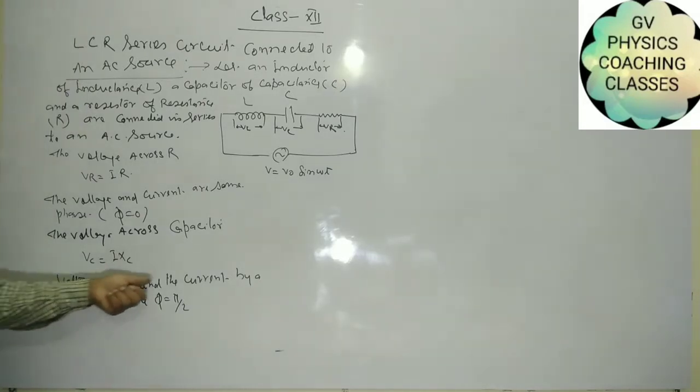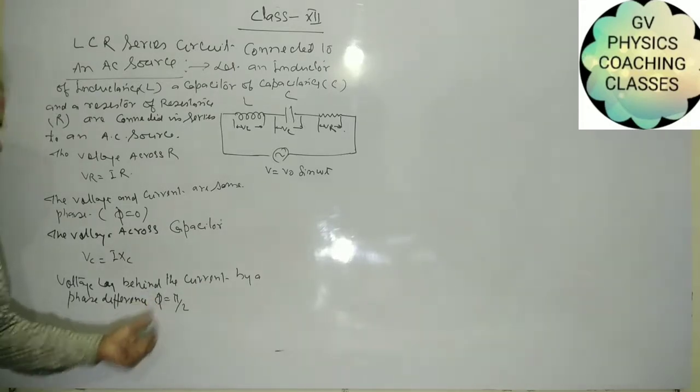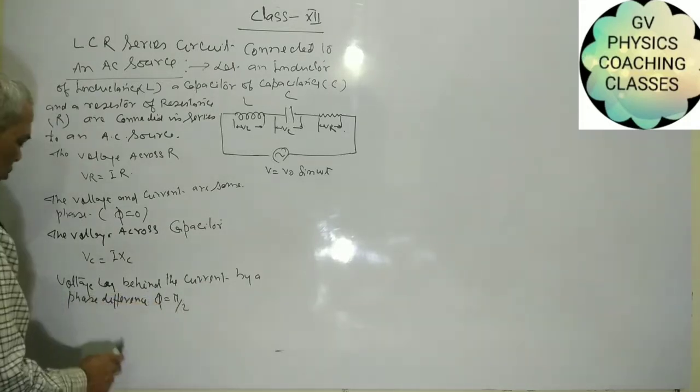Voltage lags behind the current. It means current leads the voltage by pi by 2.